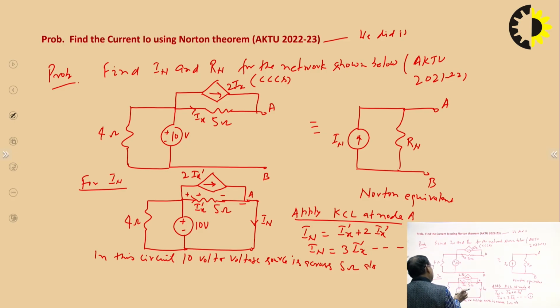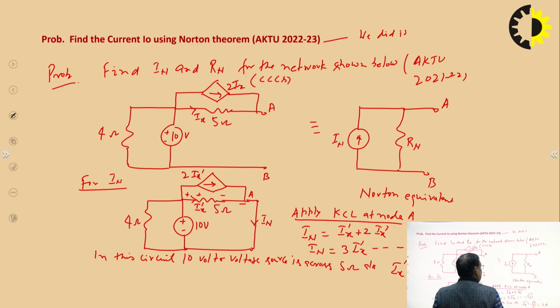So the polarity of this 10 volt voltage source is supporting the direction of Ix dash. So Ix dash is 10 by 5. So it is 2 ampere.